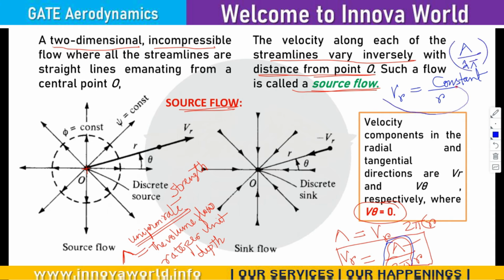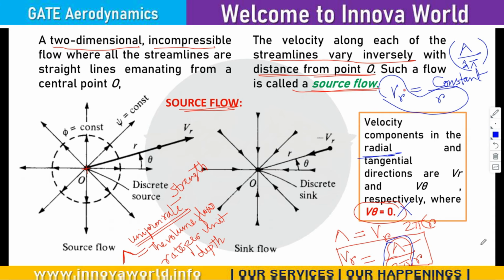In that case, here we have only one velocity, that is the radial velocity. Tangential velocity is 0. We don't have that. So we can state that it is inversely proportional to the distance.